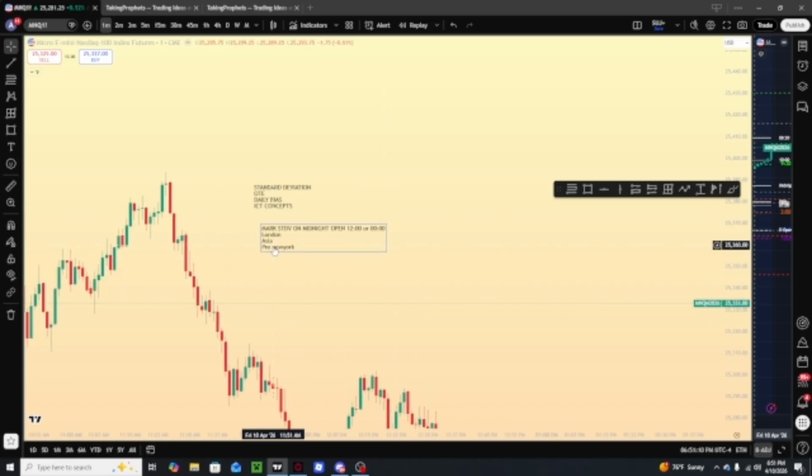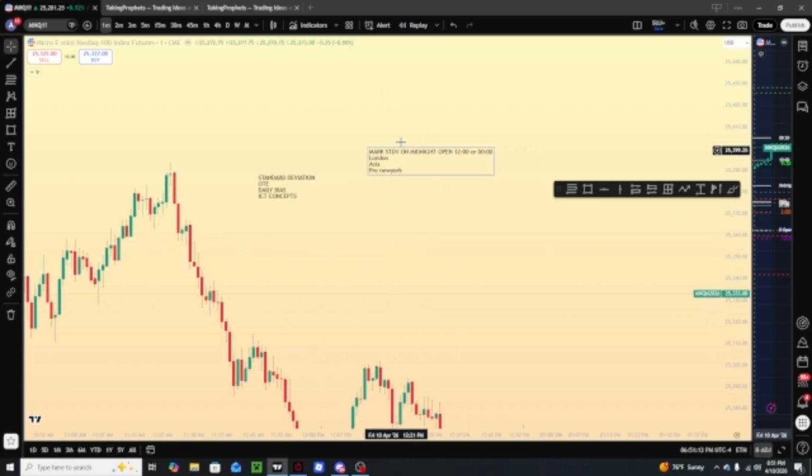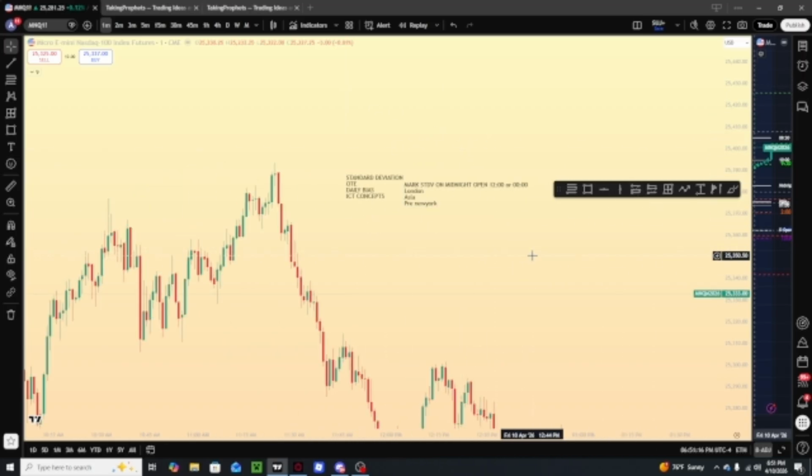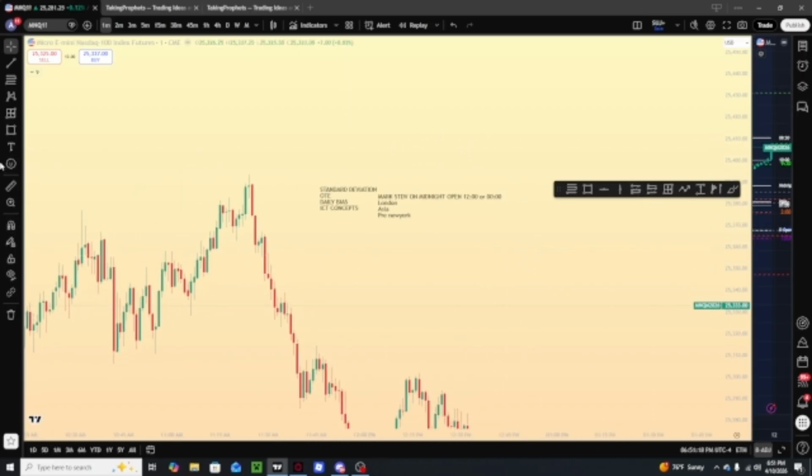This sounds scary already, right? It's like, oh my god, I'm marking out so many standard deviation levels. Well, the problem when it comes to trading this, standard deviation requires extreme patience.